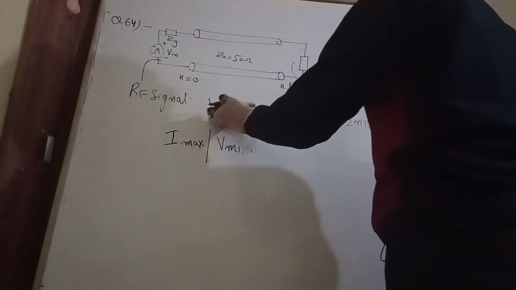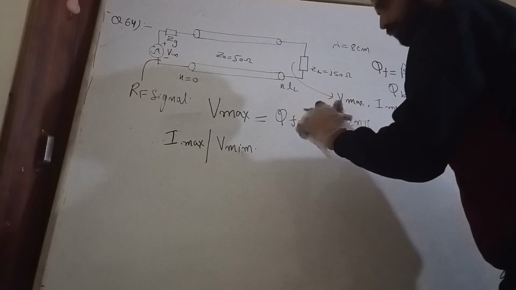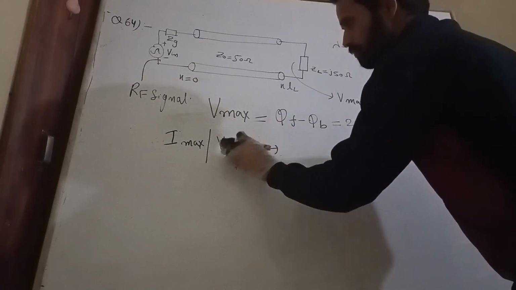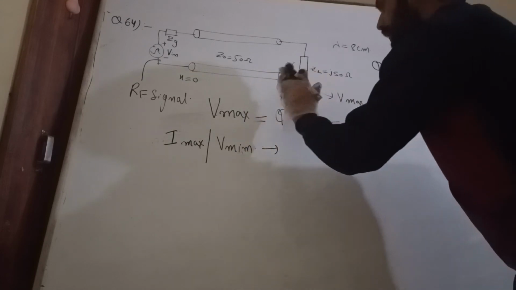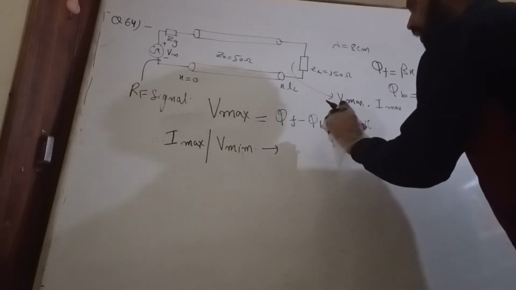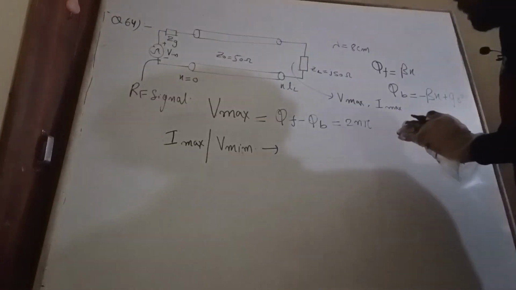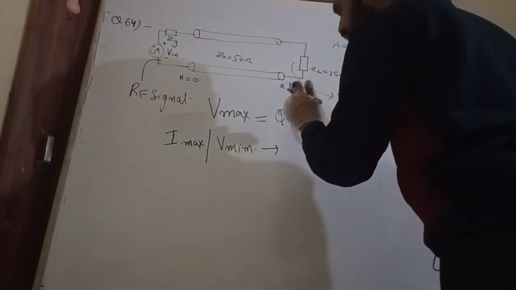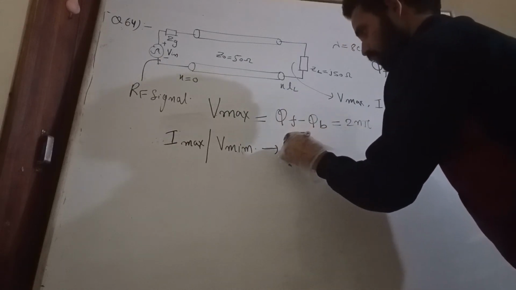For voltage maxima, you can also call it current minima. Voltage minima or current maxima occur when both forward and backward waves are out of phase.